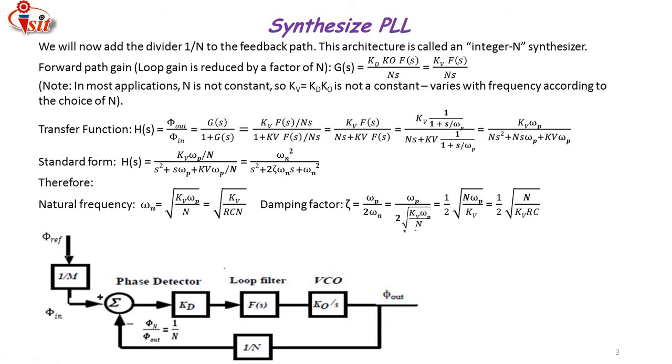Then the voltage controlled oscillator provides Ko divided by s, and here we are getting φout, the filter output, divided by the 1 by N factor. Here we are applying the input phasor diagram, and here we are getting the output phasor diagram.